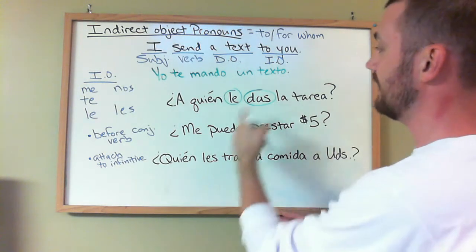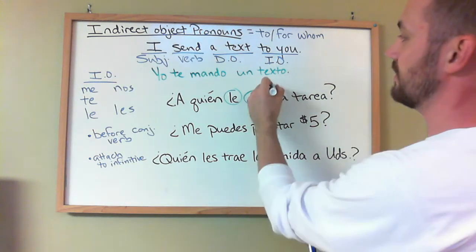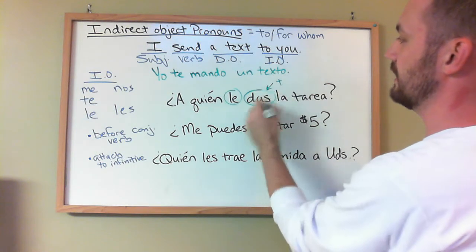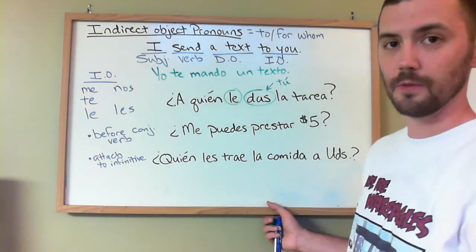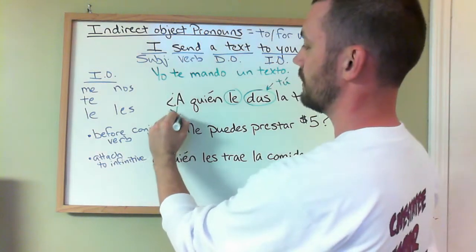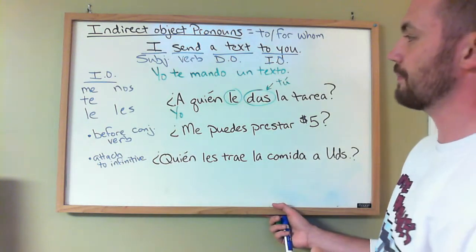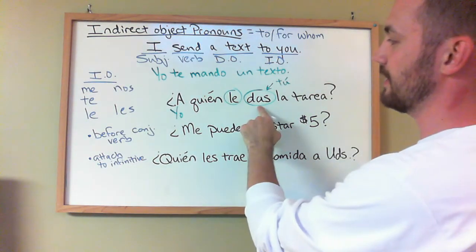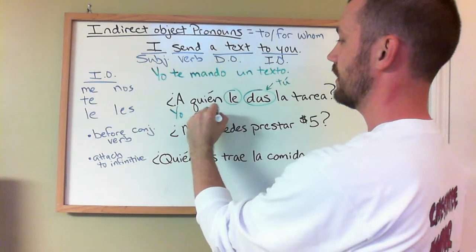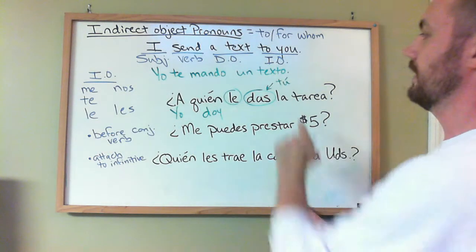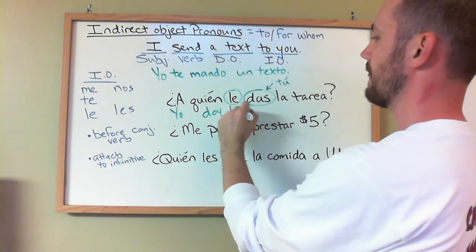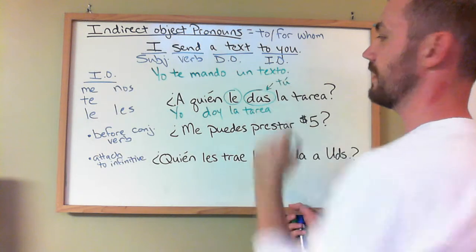What's the subject? You see it in the ending. The subject is tú. That means in the answer we're going to use yo, and we're going to conjugate the verb in the yo form. So that's doy. What do I give? La tarea.